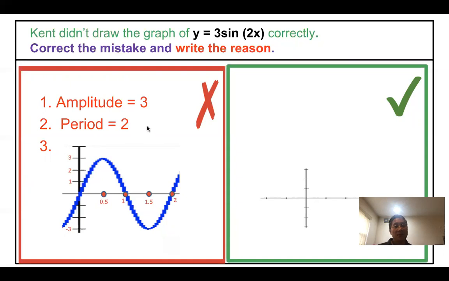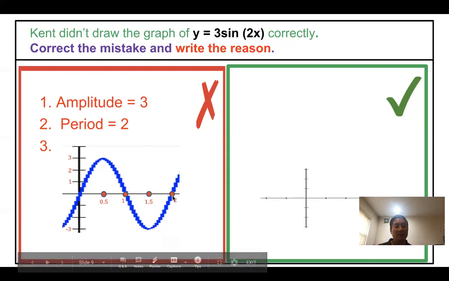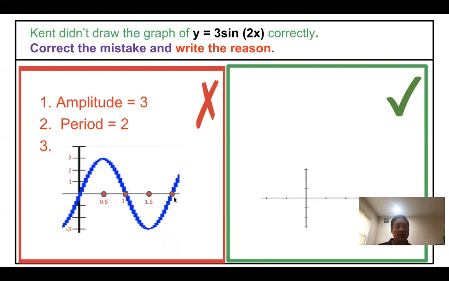What is it? 2 pi divided by 2. 2 pi divided by 2 is pi. So it's not 2. So it should be pi here, pi radian, right? And pi radian is 180 degrees. And you cut this into 4 intervals. So in the middle, half of pi is pi over 2.